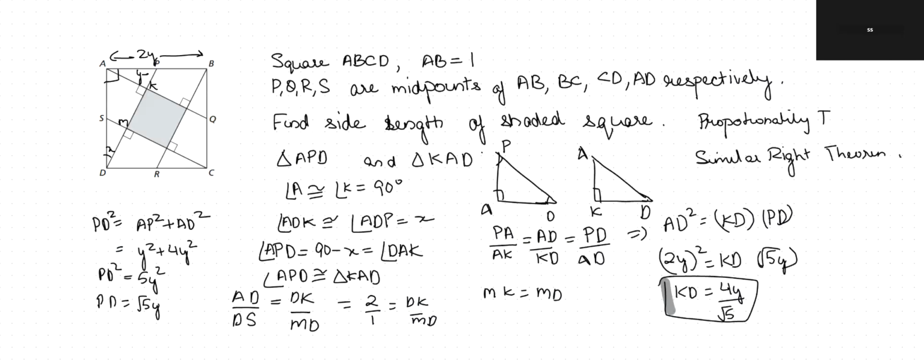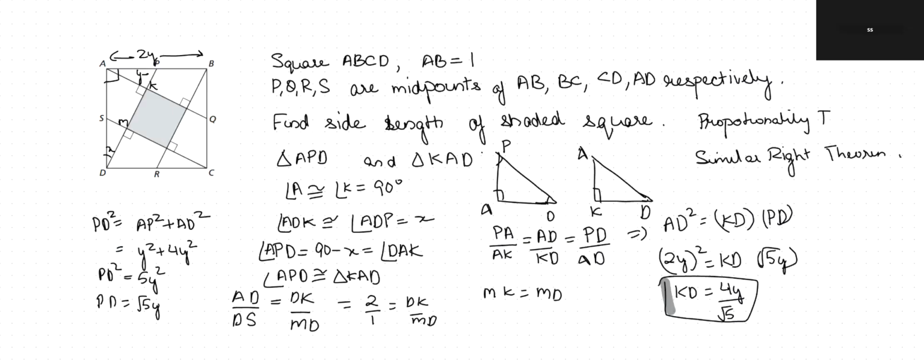Okay. So DK, as we found, was 4Y over under root 5.